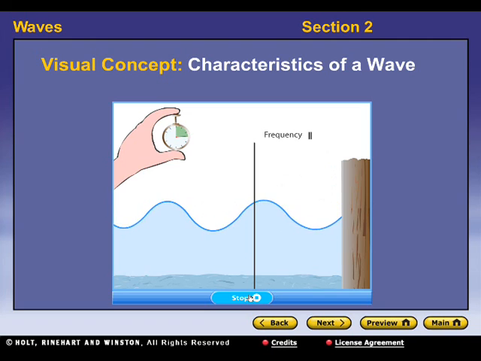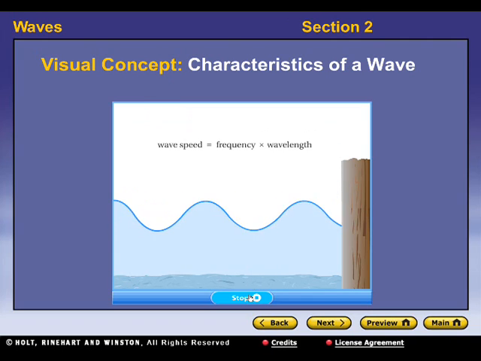Frequency is the number of waves, cycles, or vibrations produced in a given unit of time. Wave speed is calculated by multiplying frequency by wavelength.